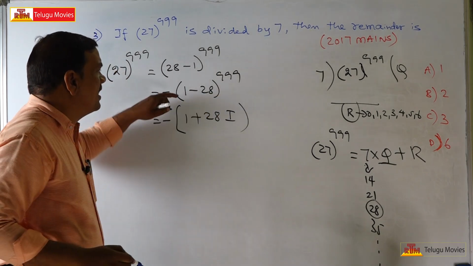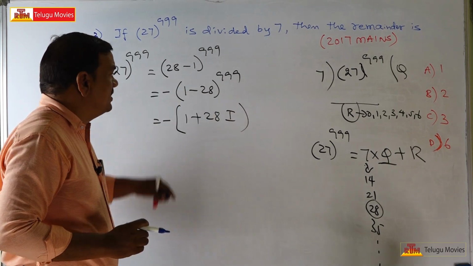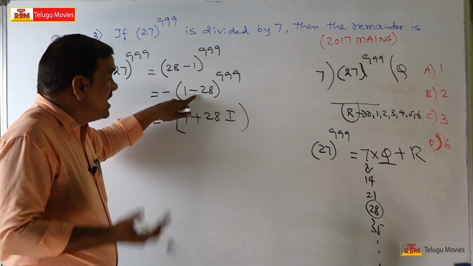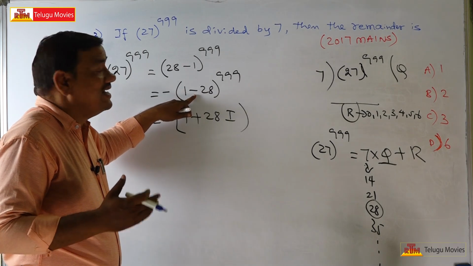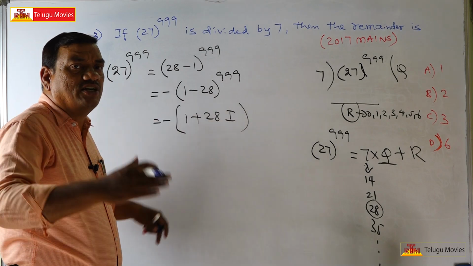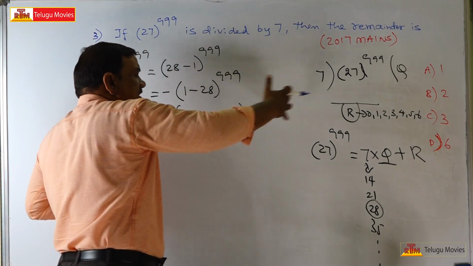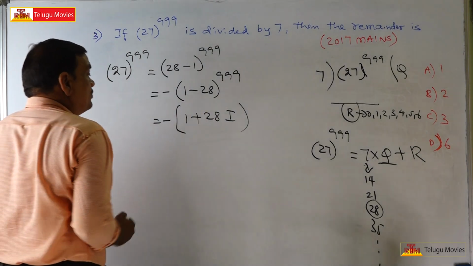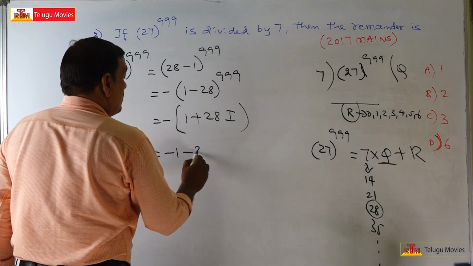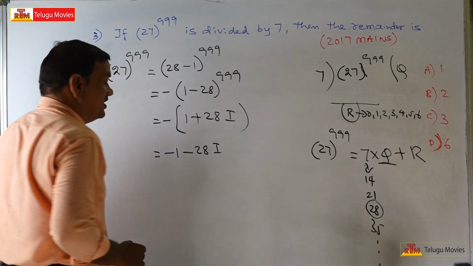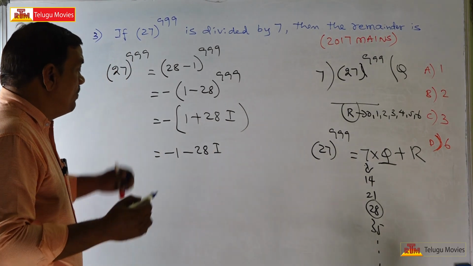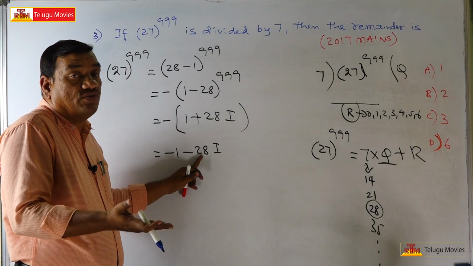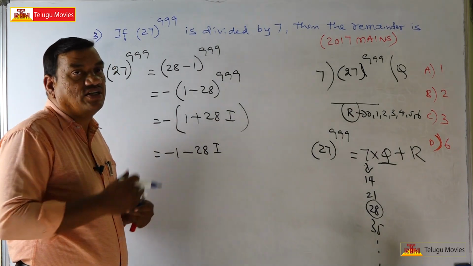If you apply the binomial theorem, the first term is 999C0, next minus 999C1 into 28, and like this we go on. From all the terms you can take 28 common outside. So this is minus 1 minus 28 into some integer. You may ask one doubt: sir, the problem is over, 7 into some integer you have written, so here minus 1 is the remainder.